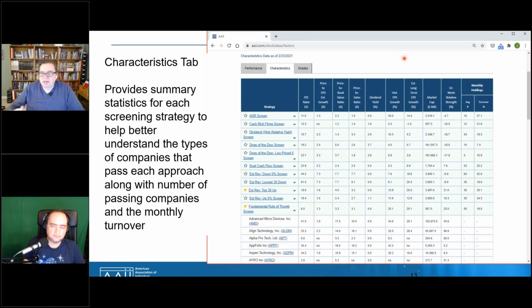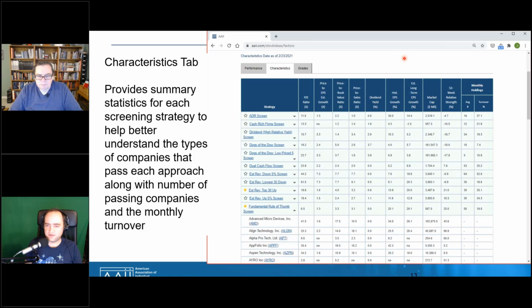So when we designed our price to sales screen, we designed it looking at companies that have a price to sales ratio that's attractive relative to other companies in the same industry. We try to explain that when discussing that approach. So for the most part, we don't have any screens that deal with seasonality, but we try to give you tips and understanding as to why we designed some of these filters a certain way, and what factors you should consider when analyzing those companies.